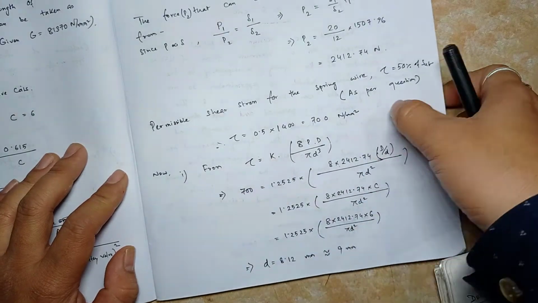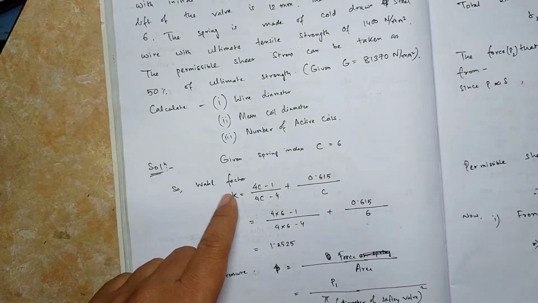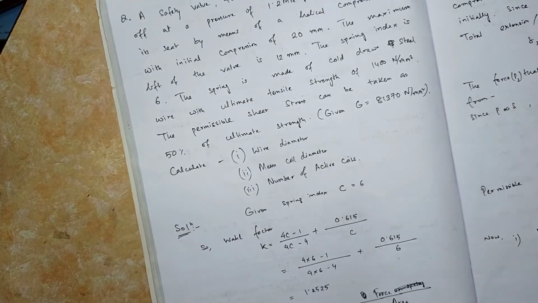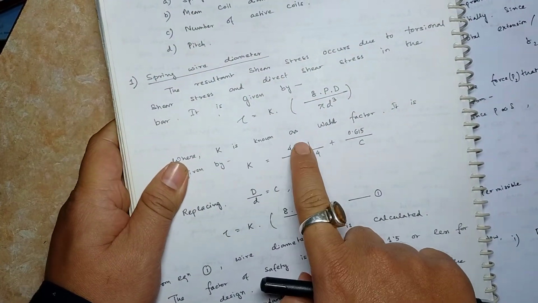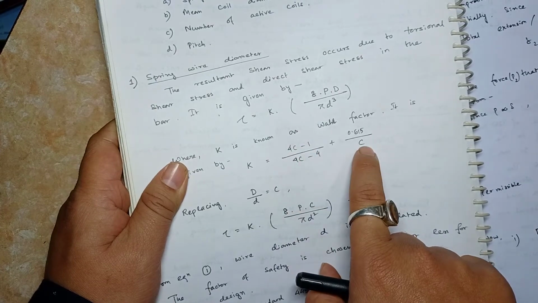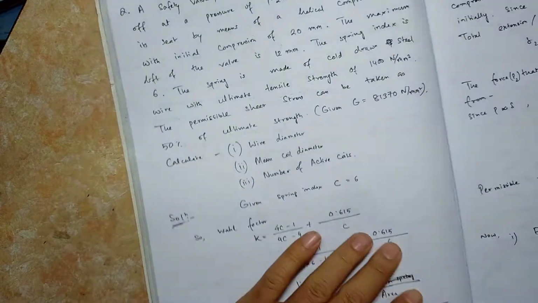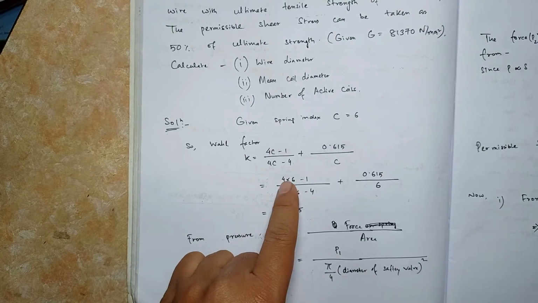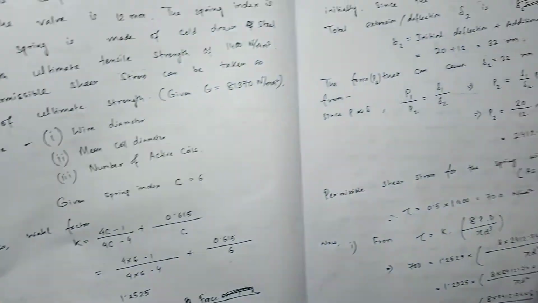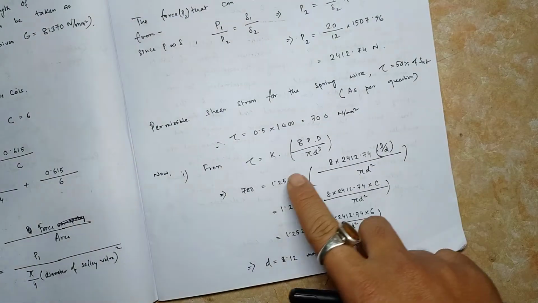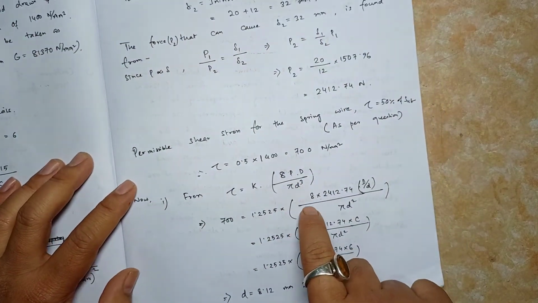K you have found, actually we found it at the beginning itself from the relation given for the wall factor. So this is the wall factor. K, you put C as 6 here, so you get K. So K is 1.2525. After putting 6 in place of C, we get 1.2525. Okay, so that is 1.2525 multiplied by 8.